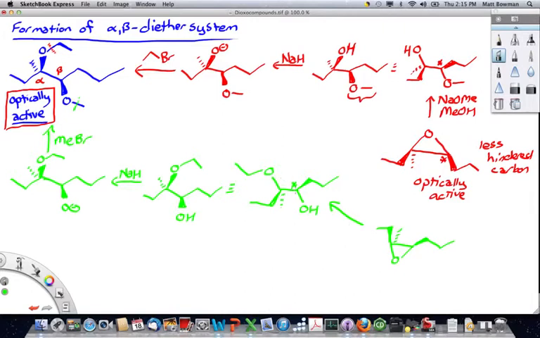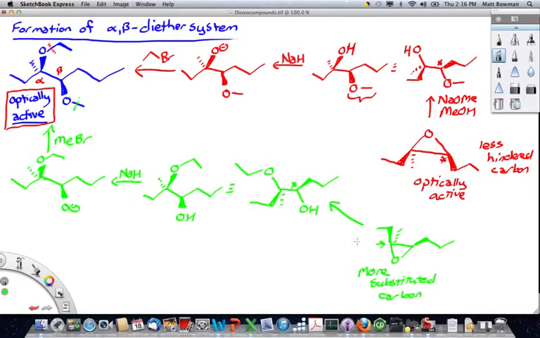In this case, the carbon that we want to attack is the more substituted carbon.